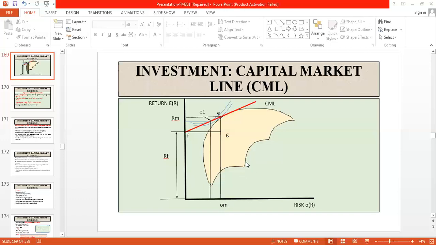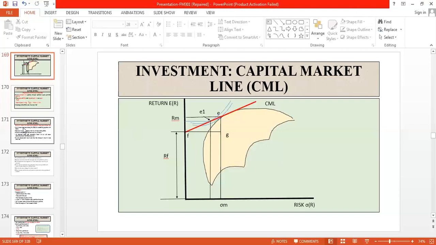On the other hand, if he moves from point E to the right-hand side, then he requires more money for achieving this combination. So what he will do is borrow some money at the risk-free interest rate and apply this money for buying the required combination. So this is actually the lending part and this is actually the borrowing part.